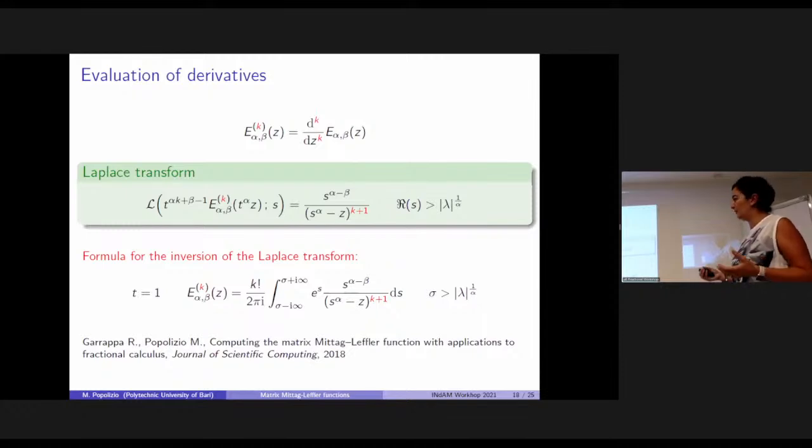So we actually mix derivatives of a smaller degree to get an accuracy, but you can find all the technical aspects in this paper. So if we go back to our Schur-Parlett algorithm, now we have the possibility to compute the derivatives of the Mittag-Leffler function, and so we are able to compute the Mittag-Leffler for matrix argument.